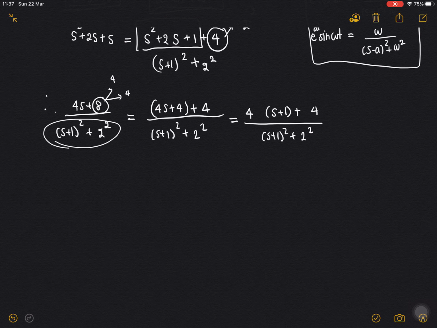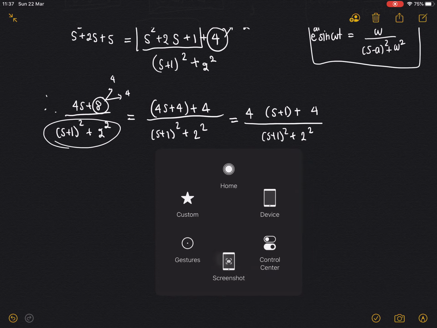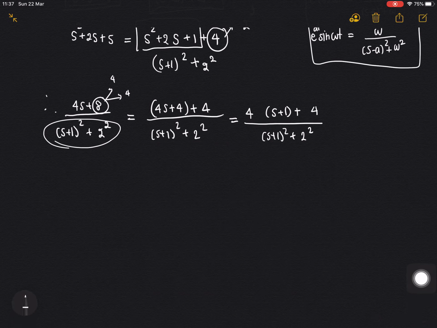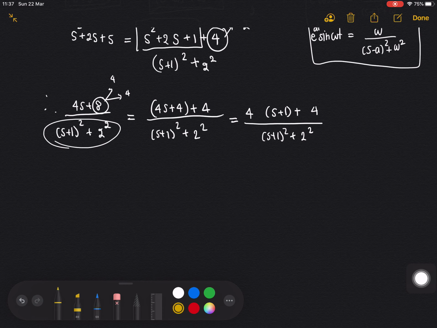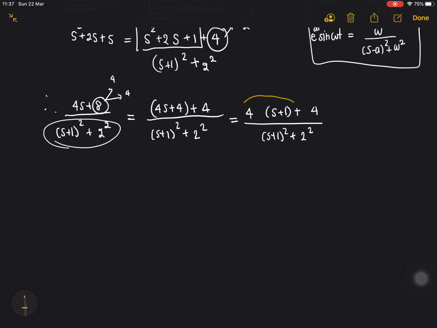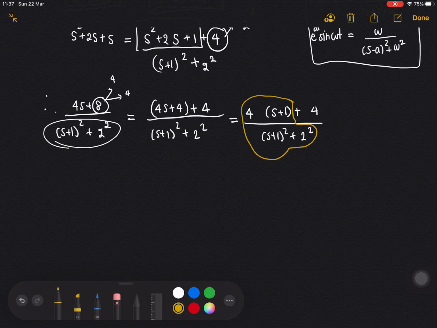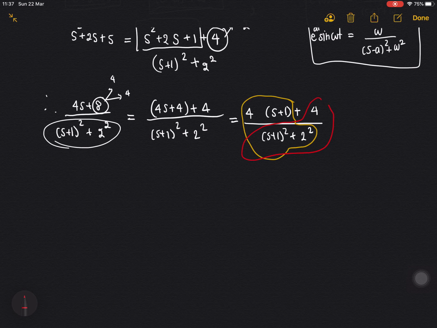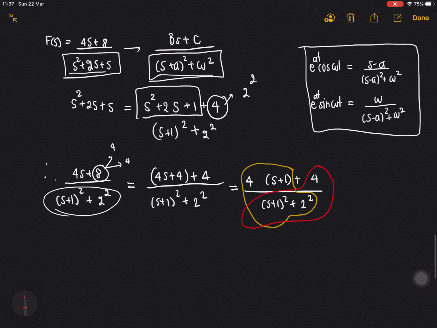Okay, so now we have two different terms adding up together. The first term that you have is this one, and the second term here, we have the term for the 4. So you can see that we require these functions and also these functions as well.